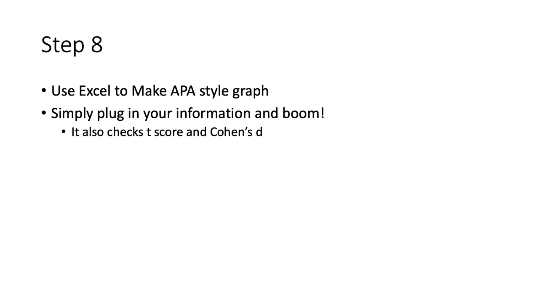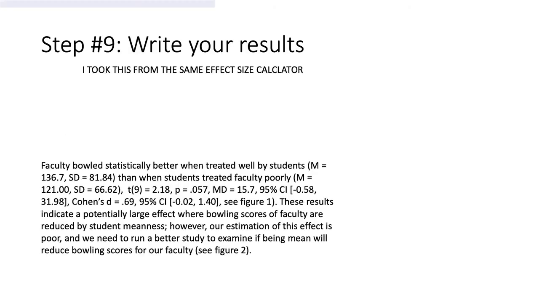We're going to use Excel and get our two graphs. So then we just write up our results. I modified Lakens' results from the effect size calculator because I find them to be really good. But essentially, I would write faculty rated better when treated well by students. And so this is the mean of when faculty are treated well: mean equals 136.7, standard deviation equals 81.84.